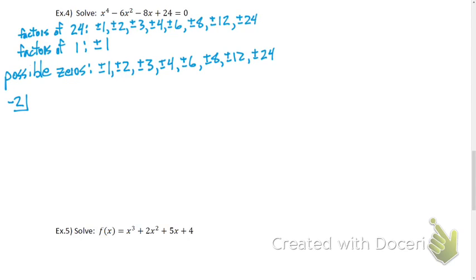And something else happens on this problem, because if I start to write the coefficients of that typed problem at the top, notice it's missing x cubed. That's bad for synthetic division. I need a placeholder for every exponent. So I'm going to put a 0 where an x cubed should be as a placeholder.